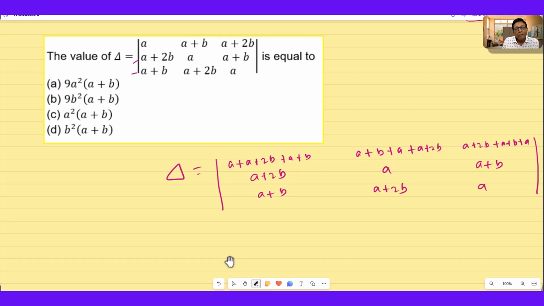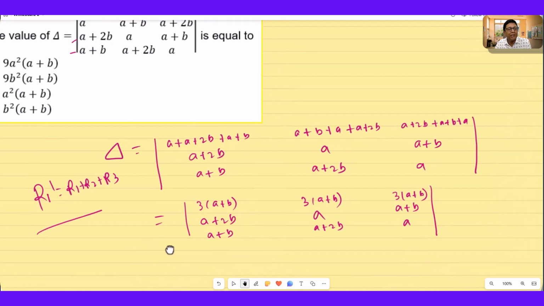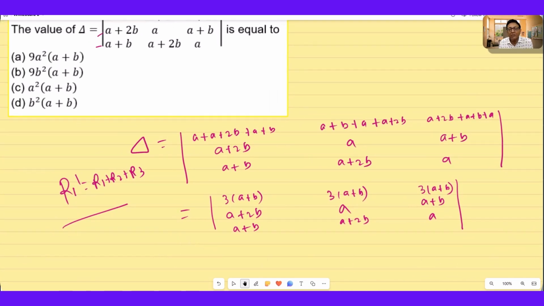Okay. What did I do there? R1 dash equal to R1 plus R2 plus R3. So now this is becoming 3a plus b, 3a plus b, 3a plus b. So a plus 2b, a plus b, now this whole thing you can take as common, 3 into a plus b.